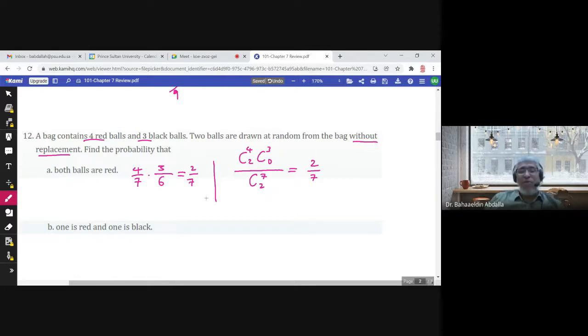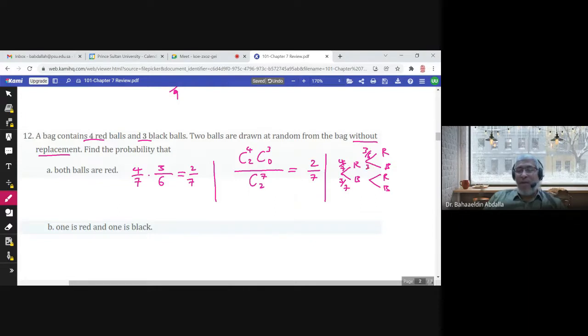Or even you can use a tree diagram. Okay, you can say that the first ball could be red or black. The probability that the first ball is red is 4 over 7, black 3 over 7. Now the second ball could be also red or black, and you can write the probabilities. Probability that the second ball is red, given that the first is red, 3 over 6, because still 6 balls only and 3 red because 1 red has been selected.